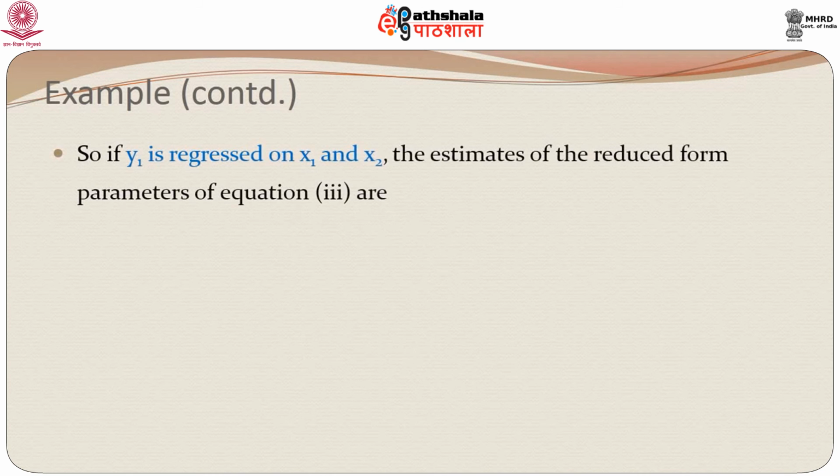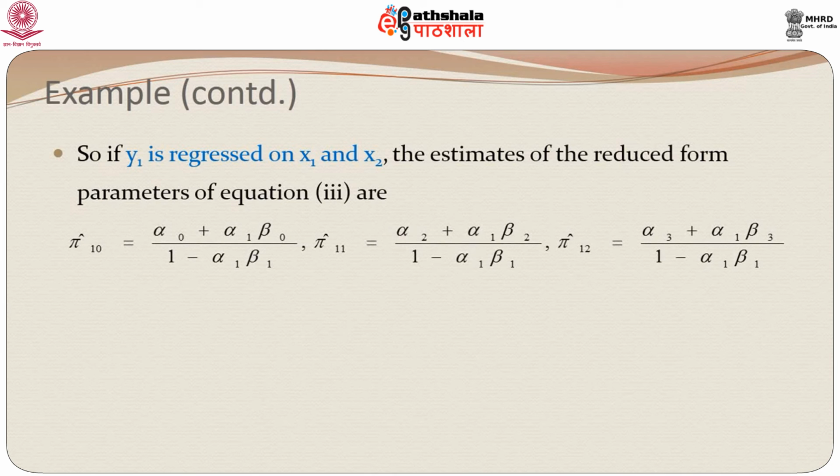Now, if we regress y1 on x1 and x2, looking at the first of the two equations 3 and 4, the estimates of the reduced form parameters of equation 3 can be obtained as pi 10 hat, that is the intercept, pi 11 hat is the coefficient of x1, and pi 12 hat is the coefficient of x2. So, if you run the regression, we get these three, the intercept and the two slopes.